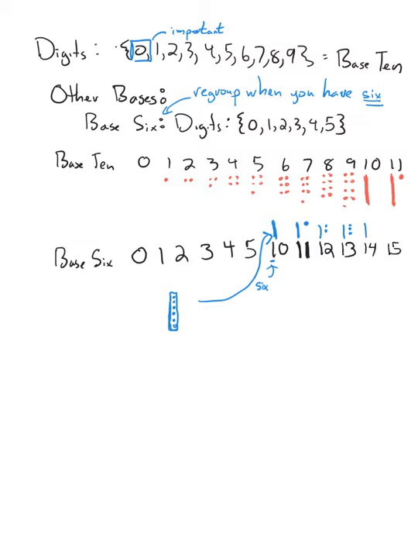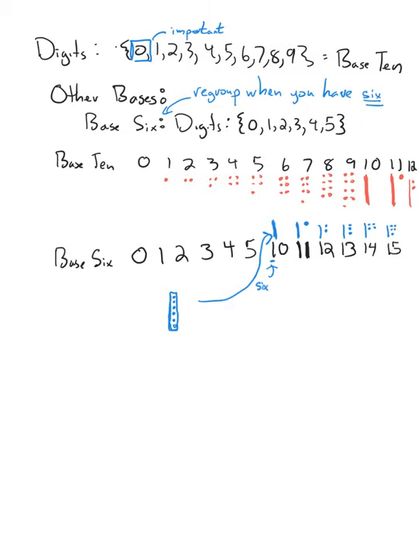Let's draw them. So there's 1 4. Here's 1 5. And maybe let's do 12 as well. I'm just going to squeeze it in here. 12, of course, in base 10 is 1 ten and 2 ones.